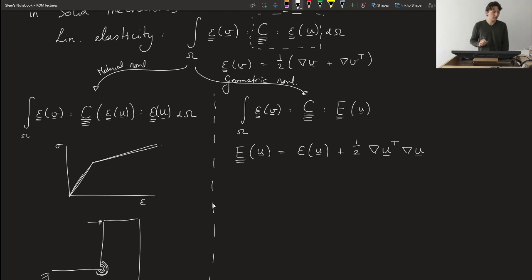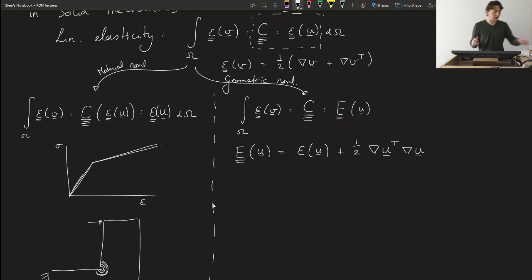Now this might look a little funny. Unless you've done this a couple of times, it is quite confusing why we would have to change something like this, because it seems so obvious that you simply take the gradients of deformations and symmetrize that, which we can also intuitively understand.